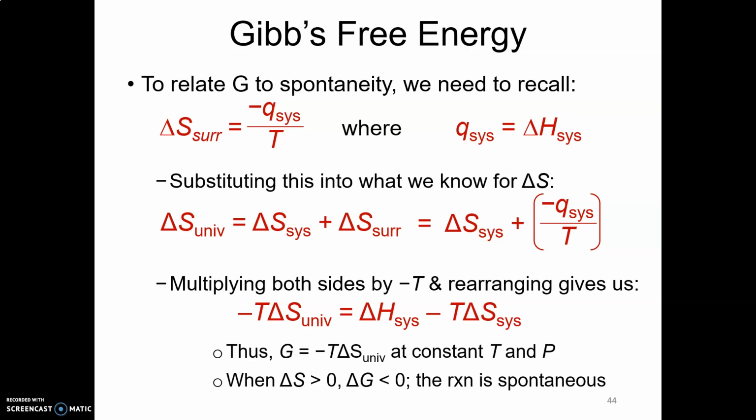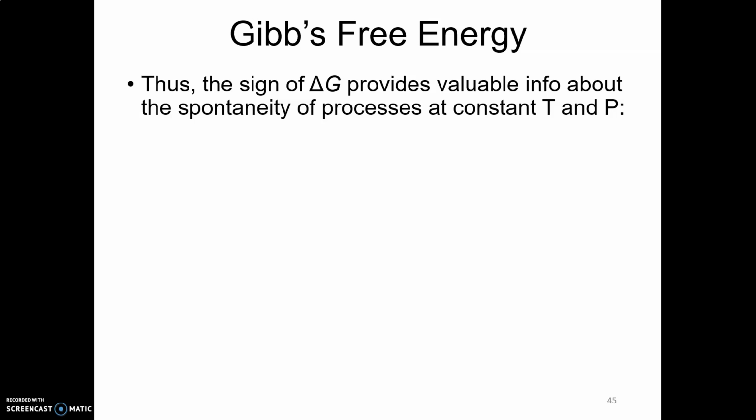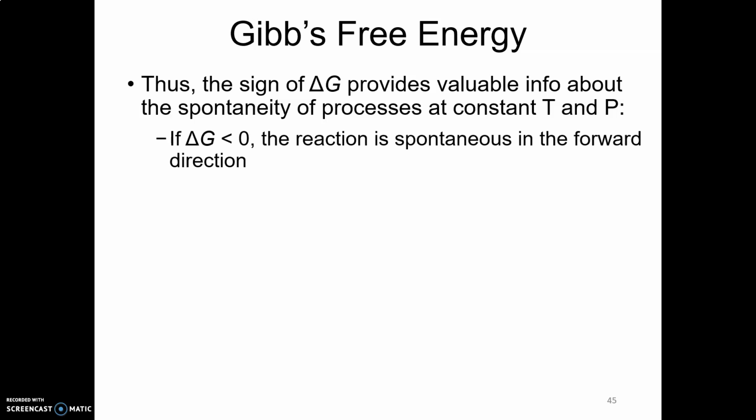Okay, so let's talk about what the signs of delta G correspond to. Delta G can either be negative, positive, or zero. If delta G is negative, that means it is spontaneous in the forward direction, moving from reactants to products. If delta G is zero, then that means it's not spontaneous in any direction.